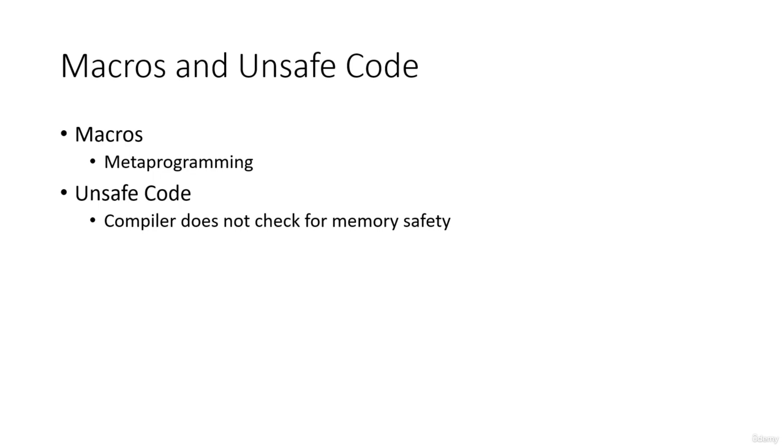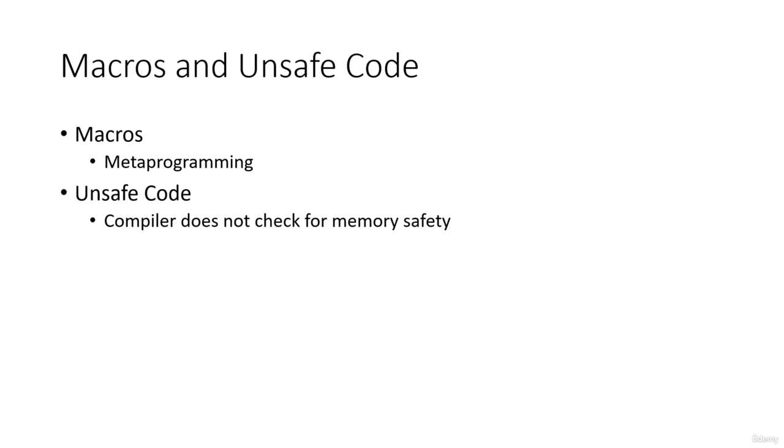And then we're going to talk about macros and unsafe code. Macros are just a way of metaprogramming. So essentially what that means is we're going to use code to write code. And then unsafe code is a feature in Rust because sometimes you might have to write unsafe code.